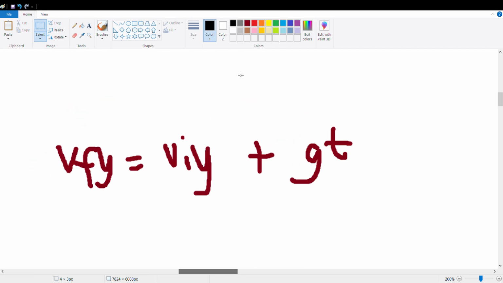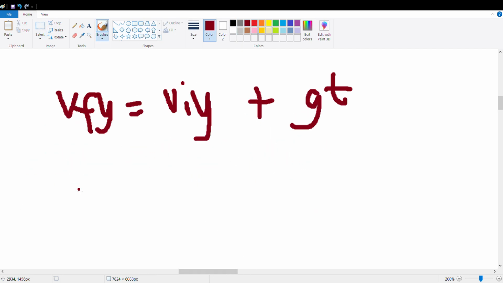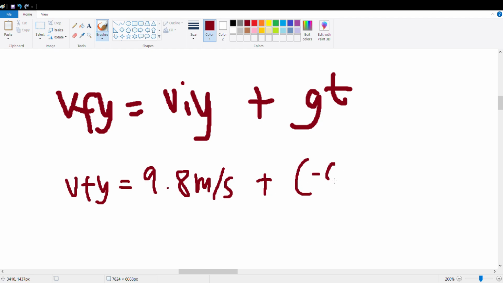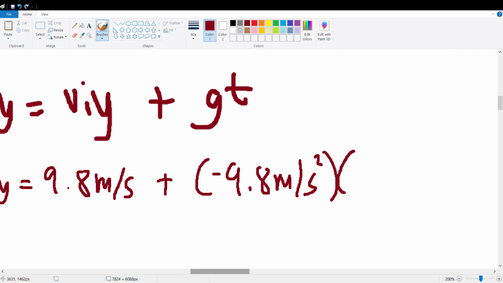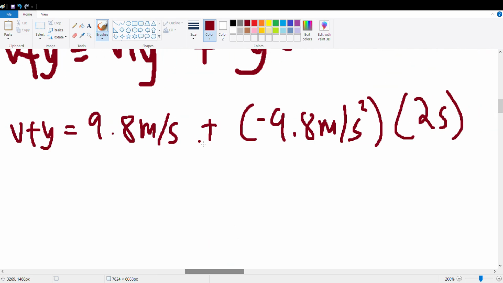VIY, we already know, 9.8 meters per second plus negative 9.8 meters per second squared, and for t we're going to be using 2 seconds as well, because that is our total expedition. So we just use a calculator here. The answer is negative 9.8. Wow, it's very convenient actually.